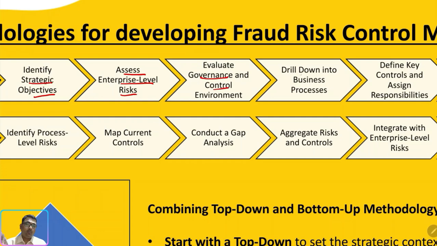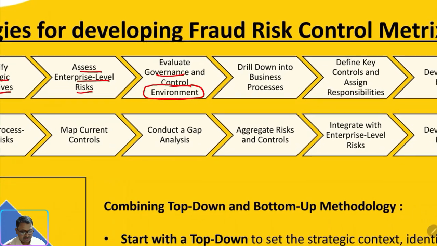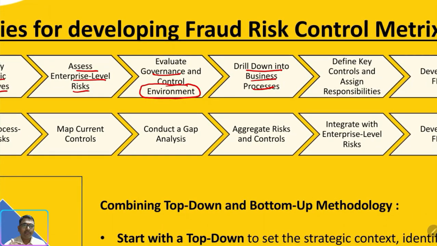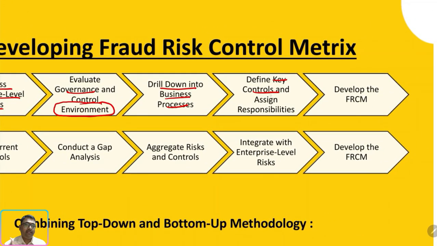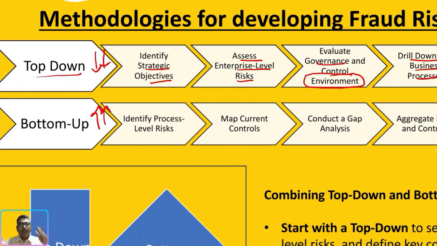Once we evaluate the control environment, like we saw at the top, the integrity triangle and fraud triangle that we saw in the first part, we then come into businesses and drill down into business processes, define key risks and controls, provide responsibilities and develop the risk control matrix.